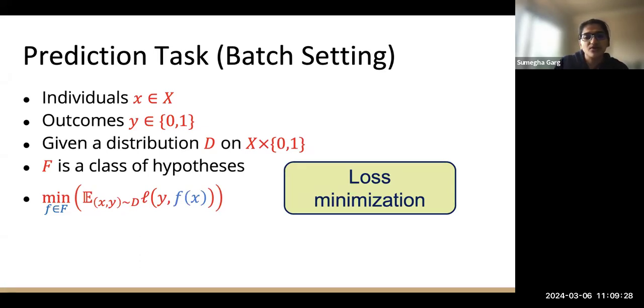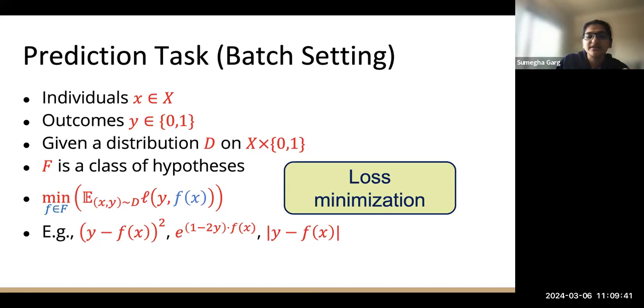So this is a very generalized form of what loss minimization in the batch setting can look like. And the losses that have been considered in the literature are very vast. For example, L2 squared loss, L1 loss, exponential loss, and so on. And then for every loss, you can ask the question of developing an algorithm that minimizes this loss with respect to a particular concept class, capital F. So this is the prediction task on a very high level in the batch setting.